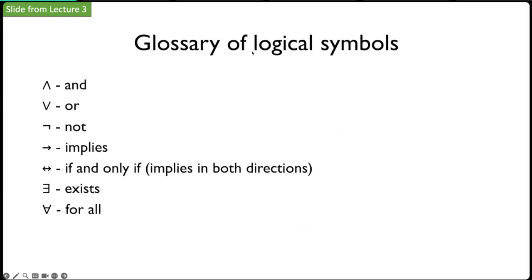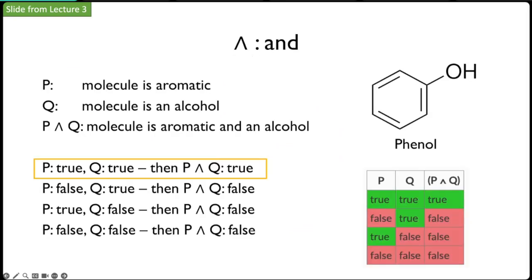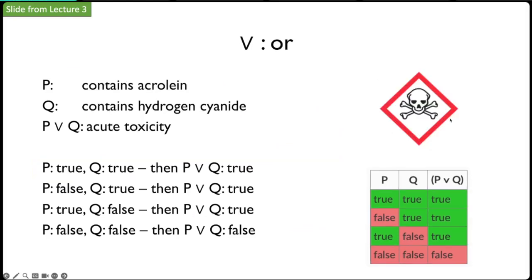Last time we talked about and. So here's an example of and. If our first proposition is molecule is aromatic and a second proposition is molecule is alcohol, then and links these together. We have a molecule like phenol, which is aromatic and an alcohol. And P being true, Q being true, then the joint statement of both of these is true. Or it could be about pollutants, for example.